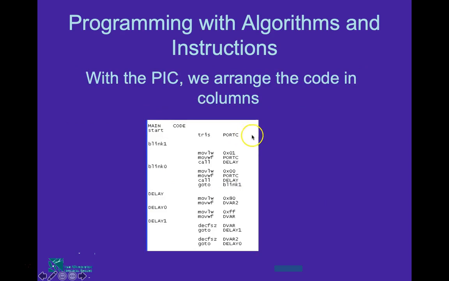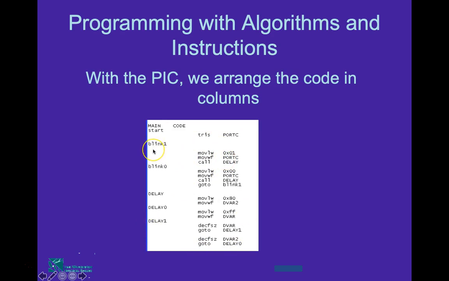So here we have our code which I have put here, and you can see in this code we have 3 columns. Now you know that the first column represents your label, the second column is for mnemonic or operator, and the third column is for operand.